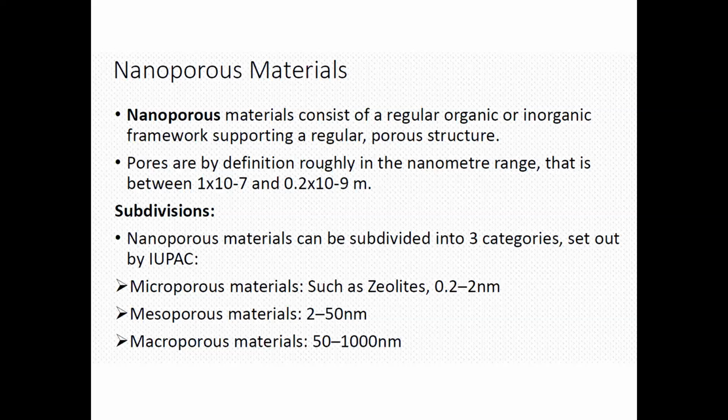Microporous is supposed to mean sizes of micrometer, but actually the smallest sizes, 0.2 to 2 nanometer, are called microporous materials. Then 2 to 50 nanometer are called mesoporous materials. And anything more than 50 nanometer pores are called macroporous materials.